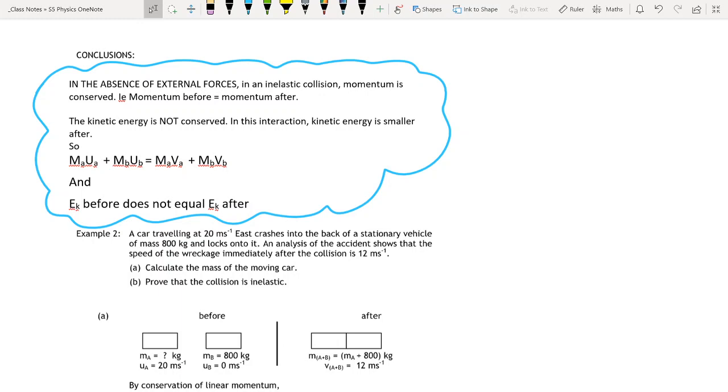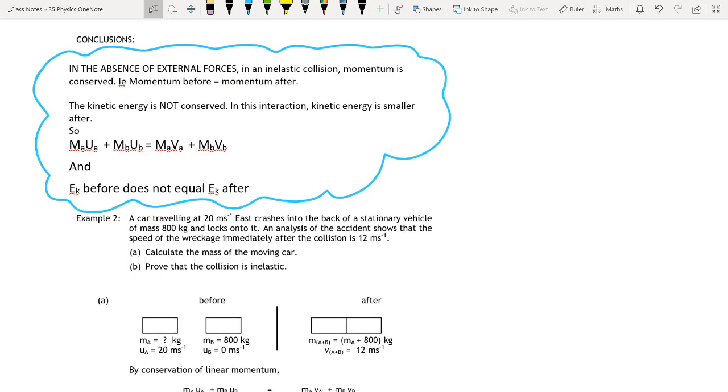And there's a couple of equations. Mass of A times initial speed of A plus mass of B times initial speed of B equals mass of A times final speed of A plus mass of B times final speed of B. And EK before does not equal EK after. So I'll leave that for a little bit.